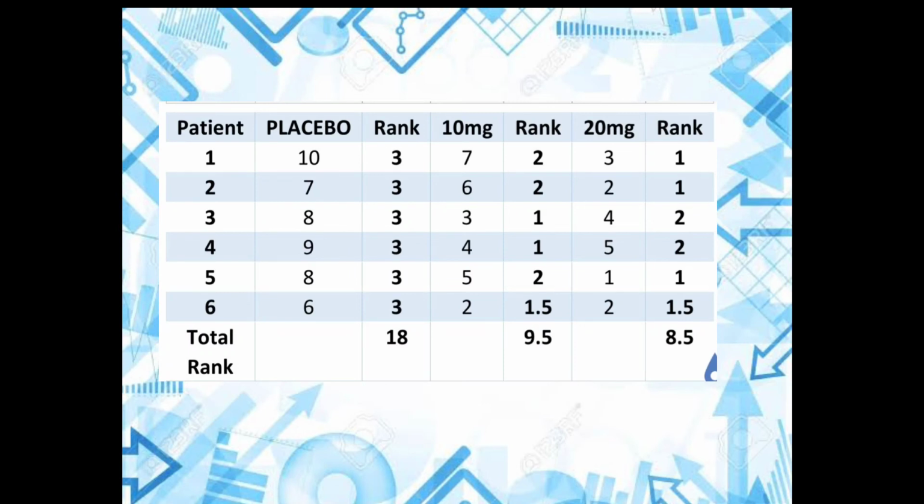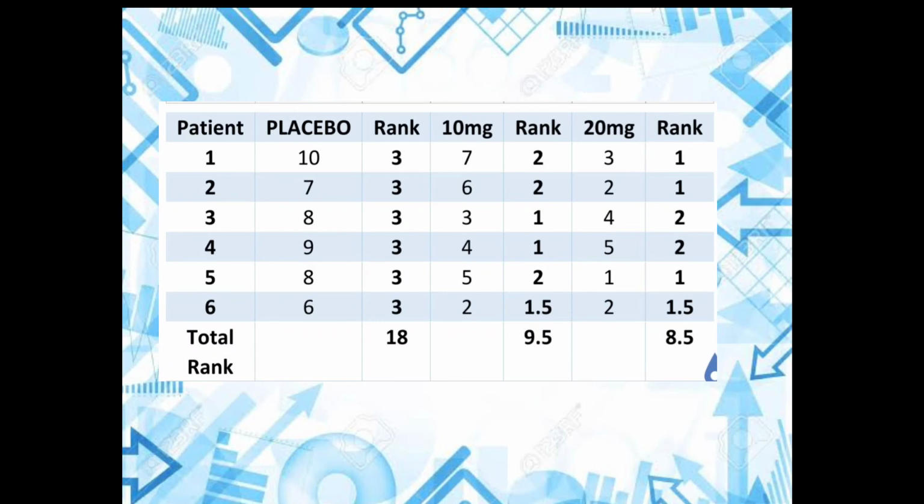If there is a tie, see the patient 6, meaning they have the same pain score, then between two of the treatments, we will be splitting the rank. So we get rank 1.5 for 10 mg and 20 mg. And for the placebo with pain score of 6, it will be rank 3.